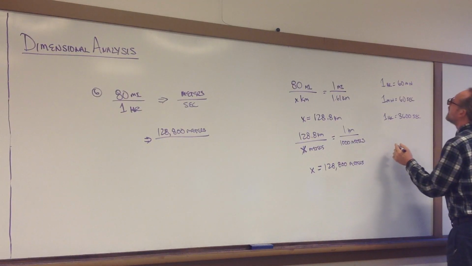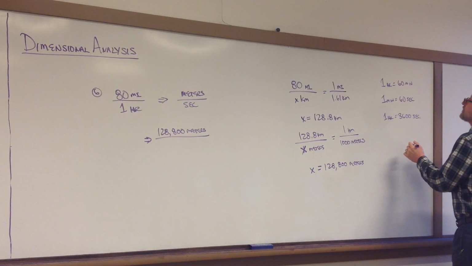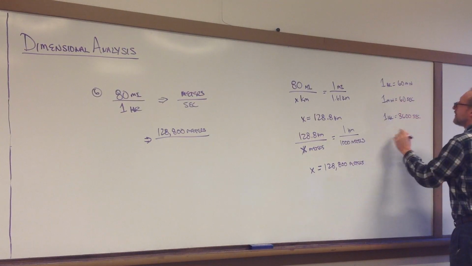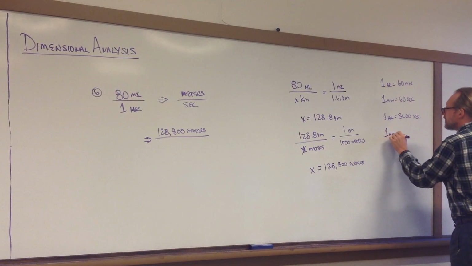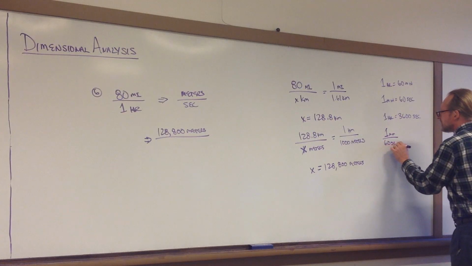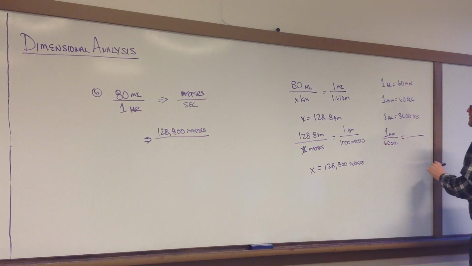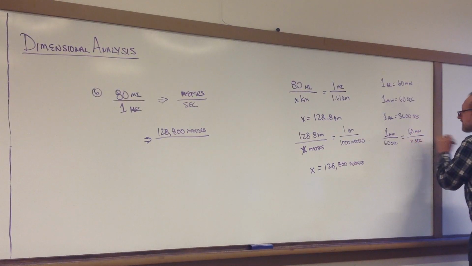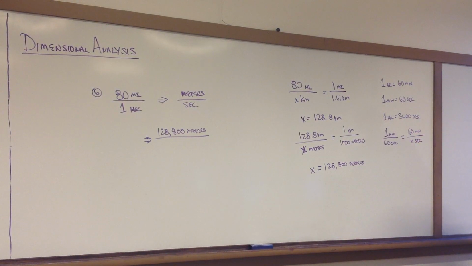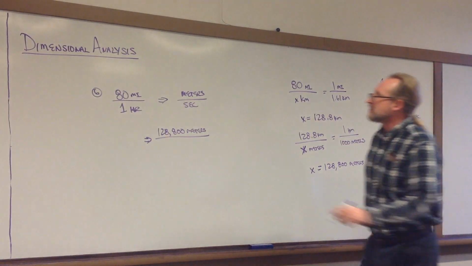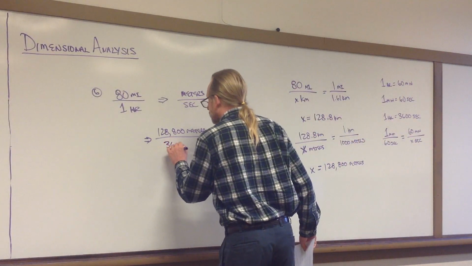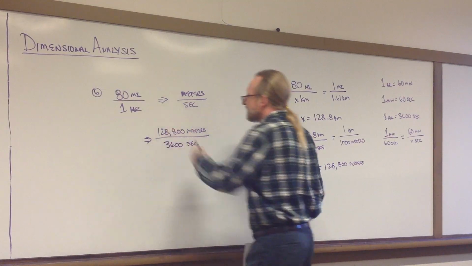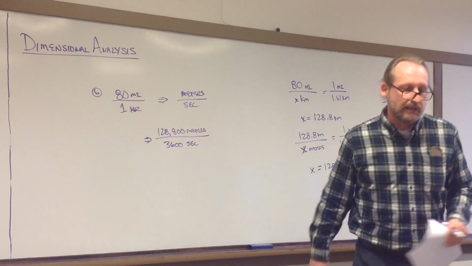Or you can say, we know that 1 minute is 60 seconds, so in 60 minutes, that will be X seconds. That's another way to go about it, and there's your 60 times 60 for 3,600. So this will be 3,600 seconds.